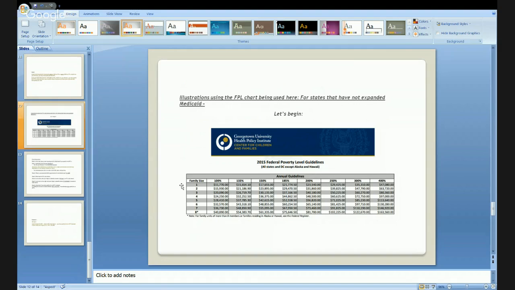But if this individual's income fell below $11,770 for a year 2016 application, this individual may not qualify for an advanced premium tax credit.